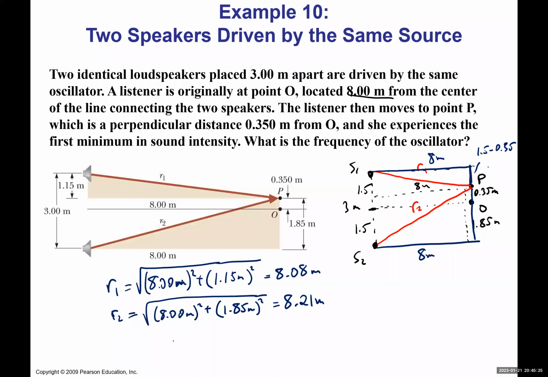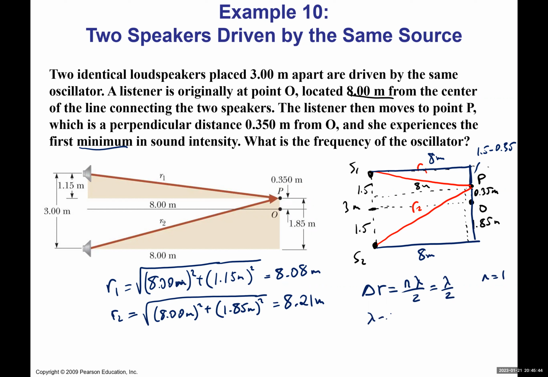Now we are told that she experiences the first minimum. What is a minimum? It's a destructive interference. First means n equals 1. That means delta R equals n lambda over 2, and with n equal to 1 it's lambda over 2.